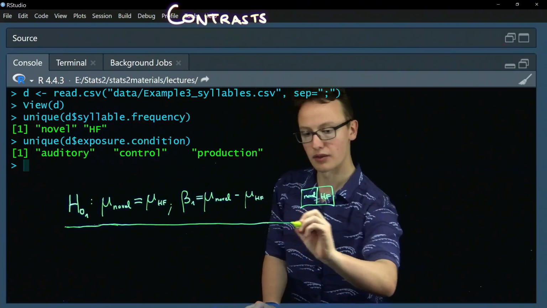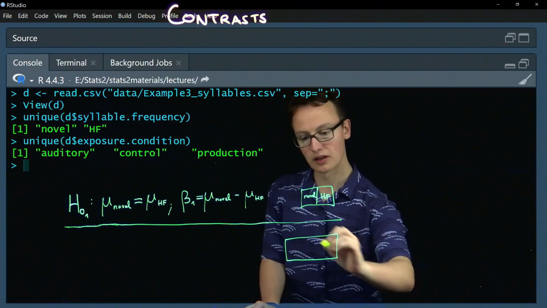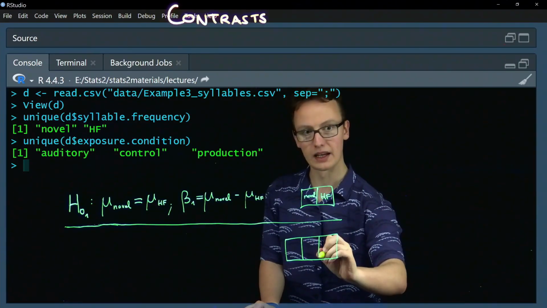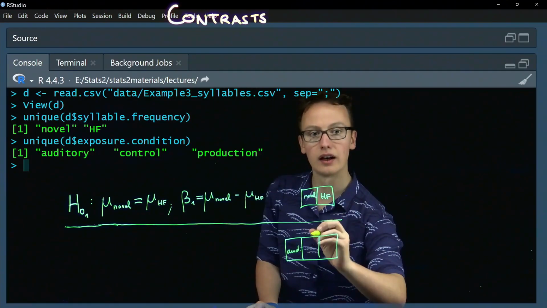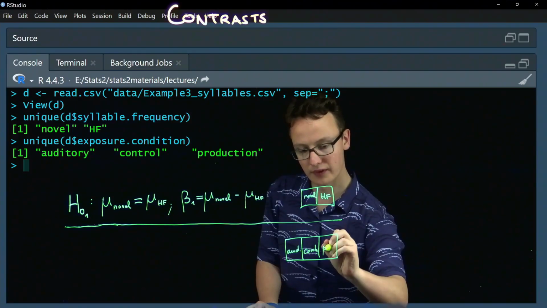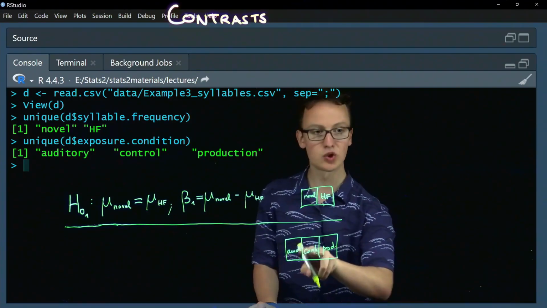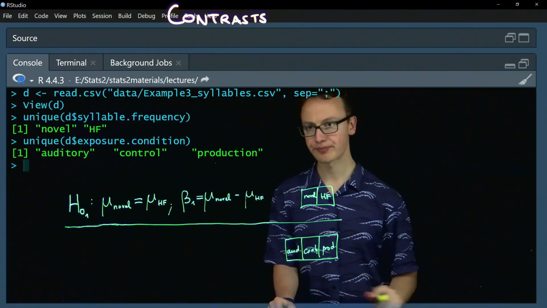Now, for the three-level factor we have here, the exposure type, the exposure condition, we have the levels auditory, control, and production. And so here we'll have to specify two hypotheses because we have three levels. 3 minus 1 is 2.